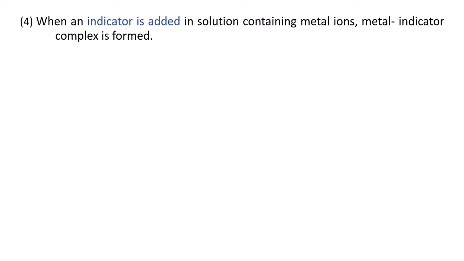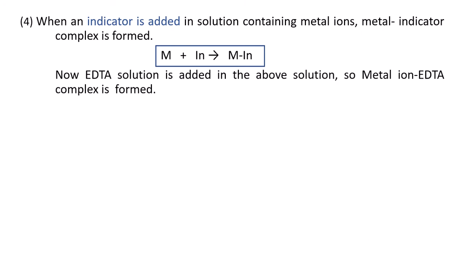The fourth point: when the indicator is added, it contains the metal indicator complex, as we have discussed. So metal plus indicator gives the metal indicator complex. After that we add a titrant, in this case for complexometric titration we add EDTA, a chelating agent, so we get the metal EDTA complex.